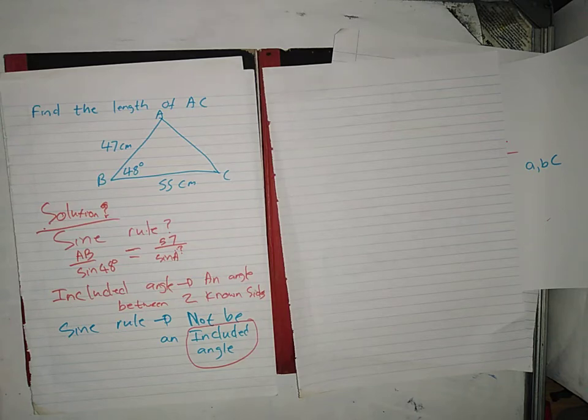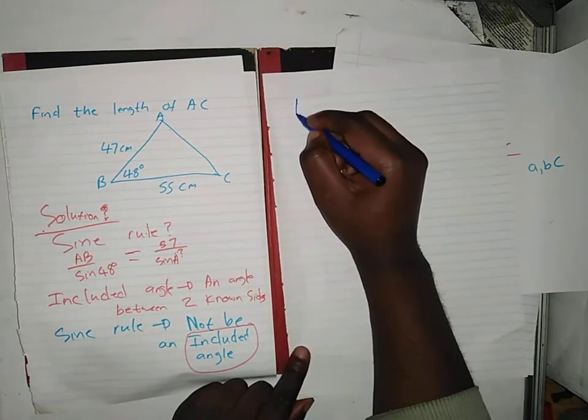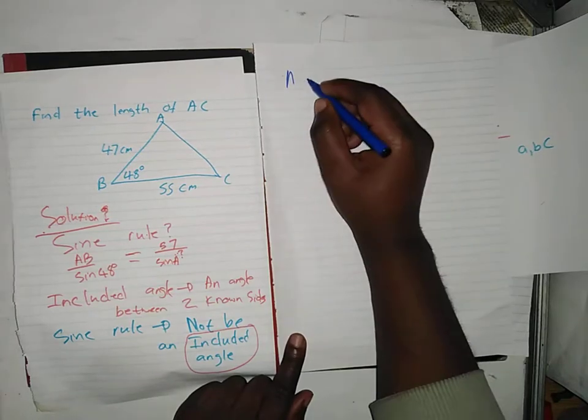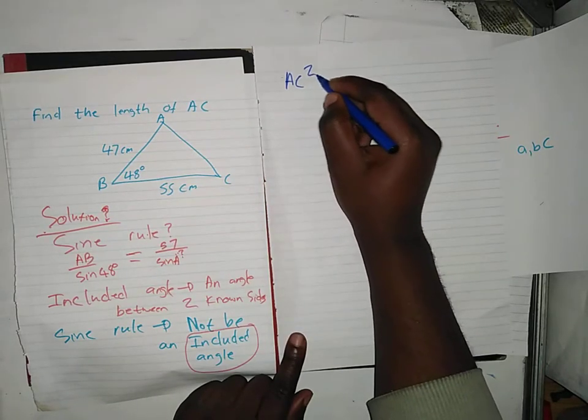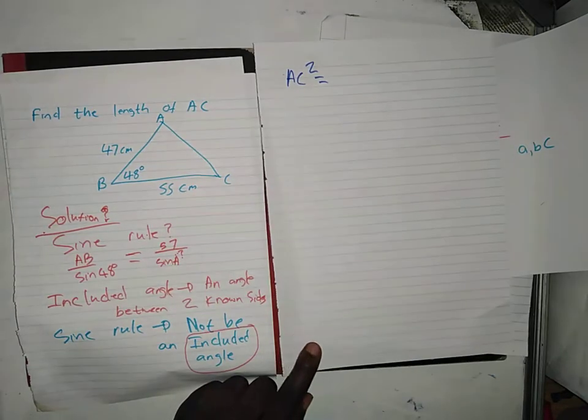Right, so what we will do is we'll say, okay, remember we are looking for AC. So what we're going to do is we're going to say AC squared, the one that we are looking for. So we're going to say AC squared.